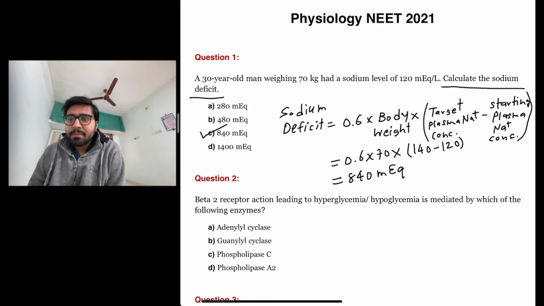The next question is: beta 2 receptor action leading to hyperglycemia or hypoglycemia is mediated by which of the following enzymes? So it is a factual question.